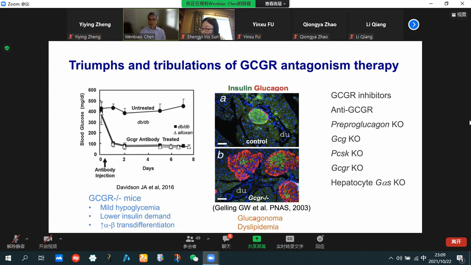And there are also other genetic models indicating that it's the glucagon receptor in the liver that's responsible for both of those side effects. But to really move those treatments to the clinic, we need to have ways to mitigate those side effects.